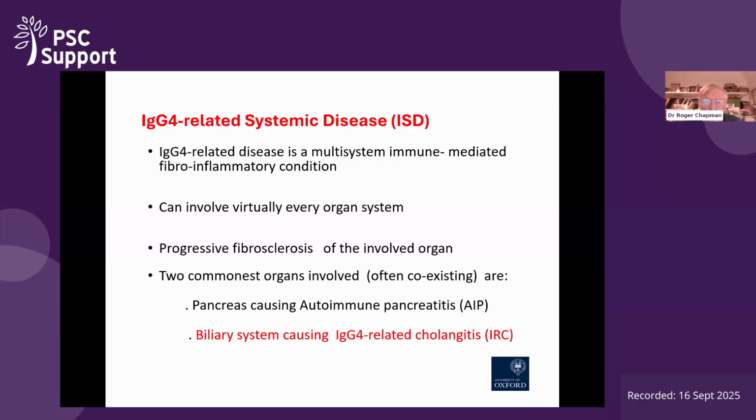But the two most common organs involved in IgG4 disease are the pancreas, causing a condition called autoimmune pancreatitis, and also the biliary system, causing IgG4-related cholangitis, known as IRC for short.